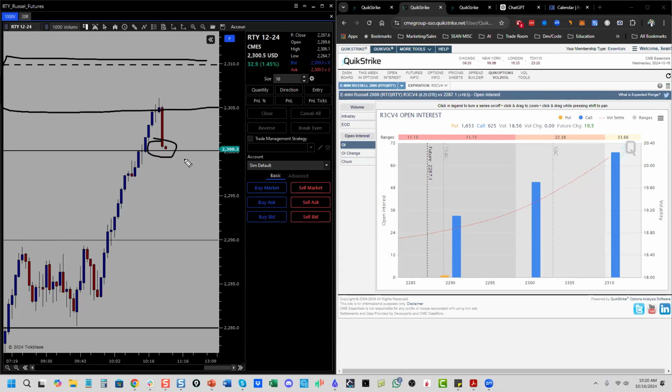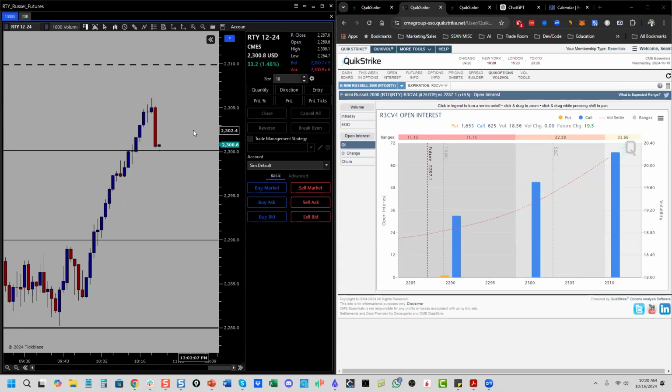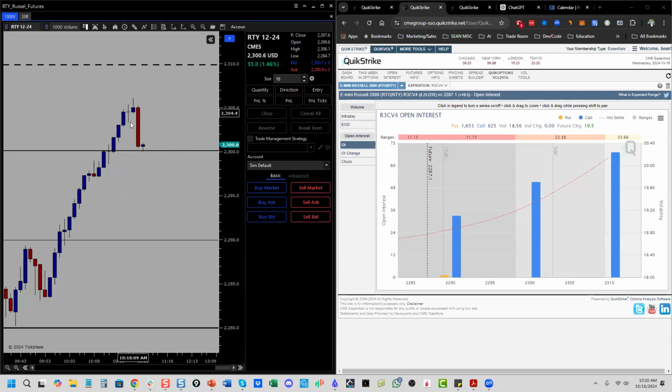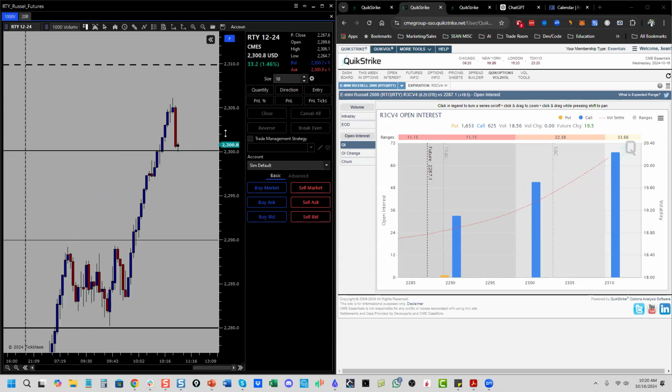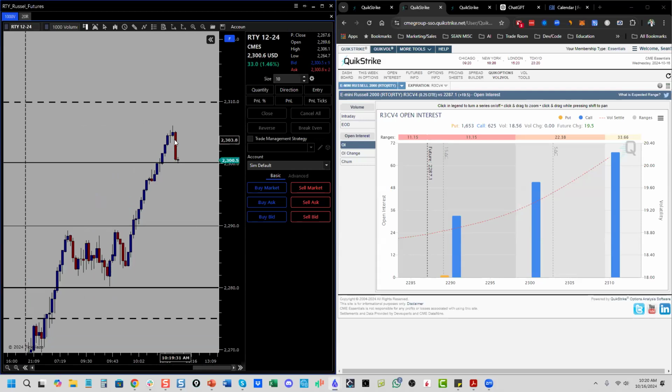I would never enter. For me personally, I might miss this trade. I don't like when it runs away like this. I like to wait for the market to come up because look, it just swept all those candles. What is that candle? Think about this.